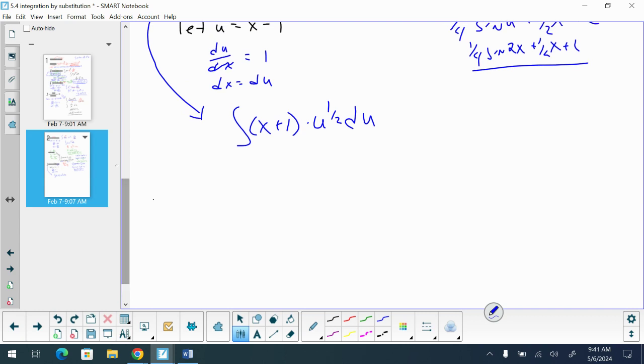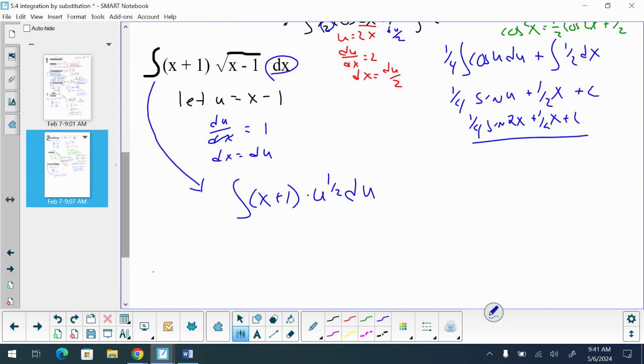The problem we have once again is we don't have a substitute, or we don't have something to cancel out this x plus 1. But if we take a look at what happens here, we still need to get rid of this x somehow, for us to be able to integrate and then put it in terms of u.